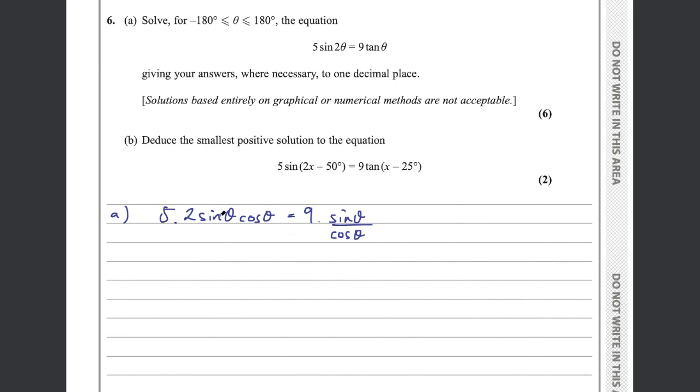Well, the first thing I would do here is divide through by sine theta. They disappear or cancel each other out. And then multiply on this side by cosine theta. So I have cosine squared theta equal to, well, this was 10. 5 times 2 is 10. Divided by 10 on this side, I've got 9 on 10.